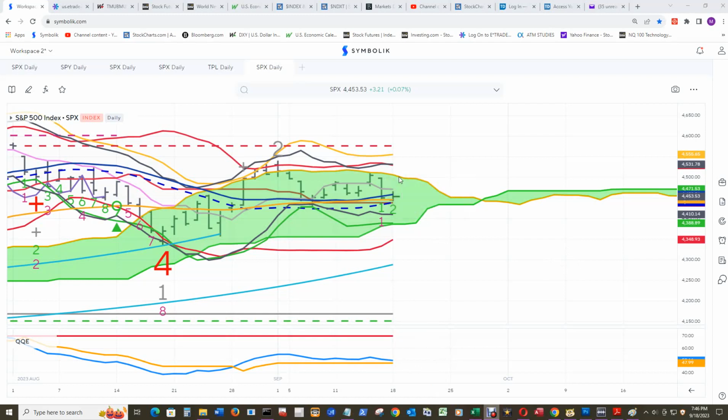And above the cloud is the Stark band upper band and the Bollinger Band upper band right together there, and the Stark band lower band is down here at 4410, and the channel 3 low 4388, and there's the lower Stark band 4348.93.